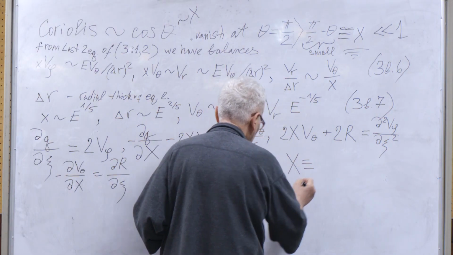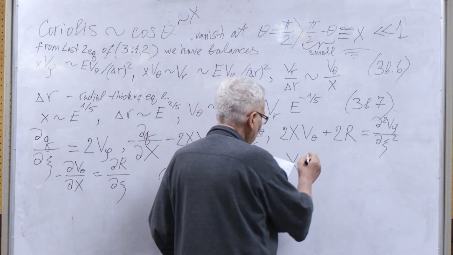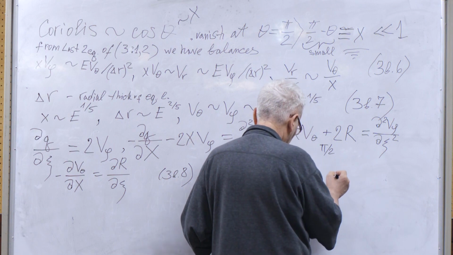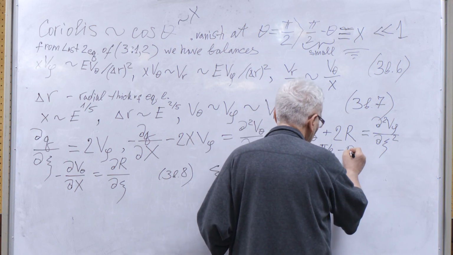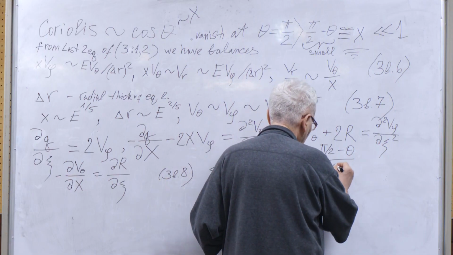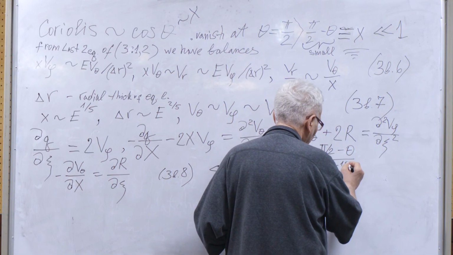This is a stretched variable. And another stretched variable, capital X, is by definition, as we already wrote, pi over 2 minus theta, divided by e to the 1/5.